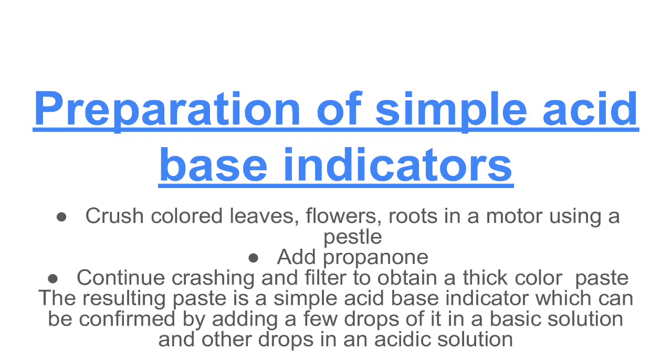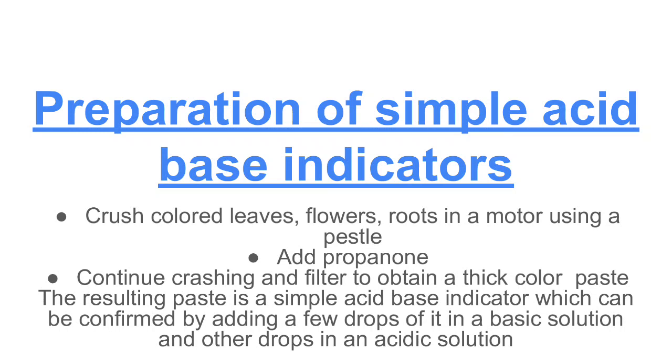For example, we can decide to make indicators using sukuma wiki leaves. You crush the leaves in a mortar and pestle, add propanol, continue crushing and filter to obtain a thick colored paste.